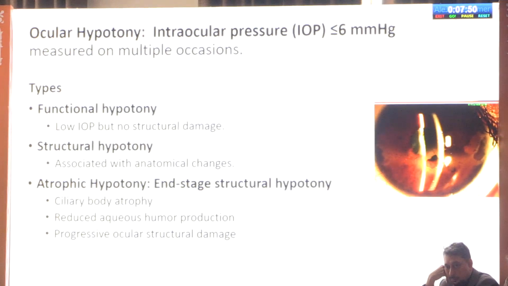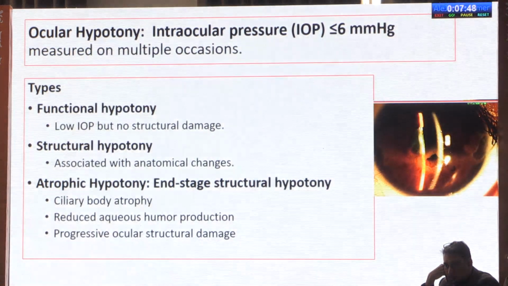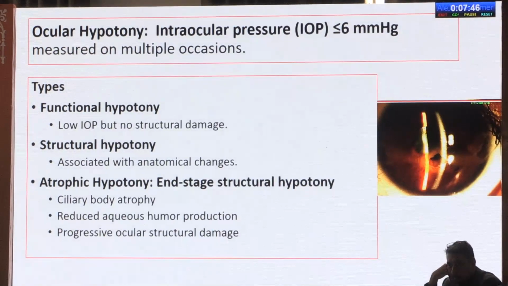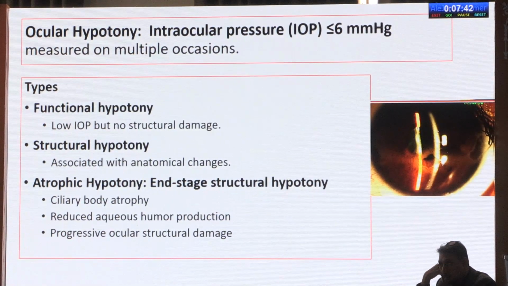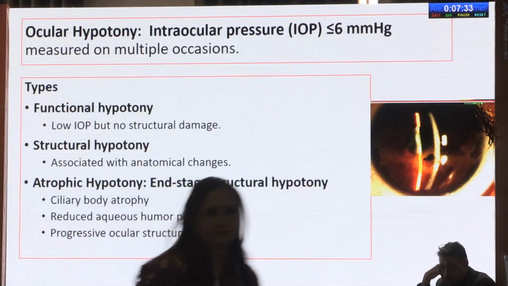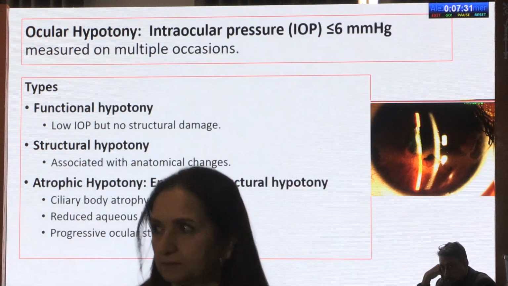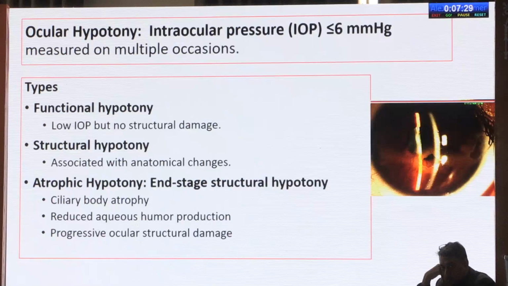Hypotony, when we talk of it, can have different types. It could be functional, like we were discussing just now, where IOP is low but there is no structural damage. It could be structural, which means the structures have started getting damaged, and that is the time when you start to intervene.